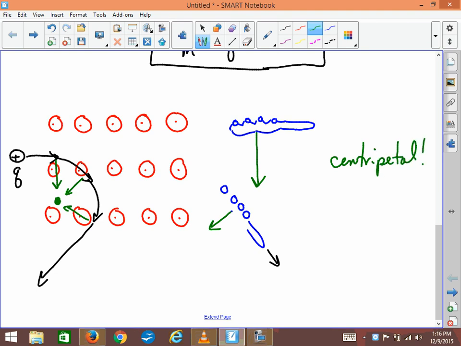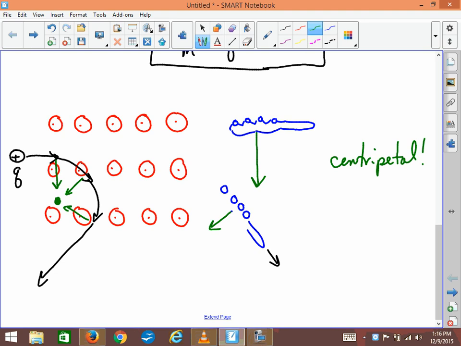It's a centripetal force, and what this force causes is not an acceleration in velocity as such, but it does cause a change in velocity. So it causes a change where the speed remains constant around the circle, but the acceleration is towards the center.